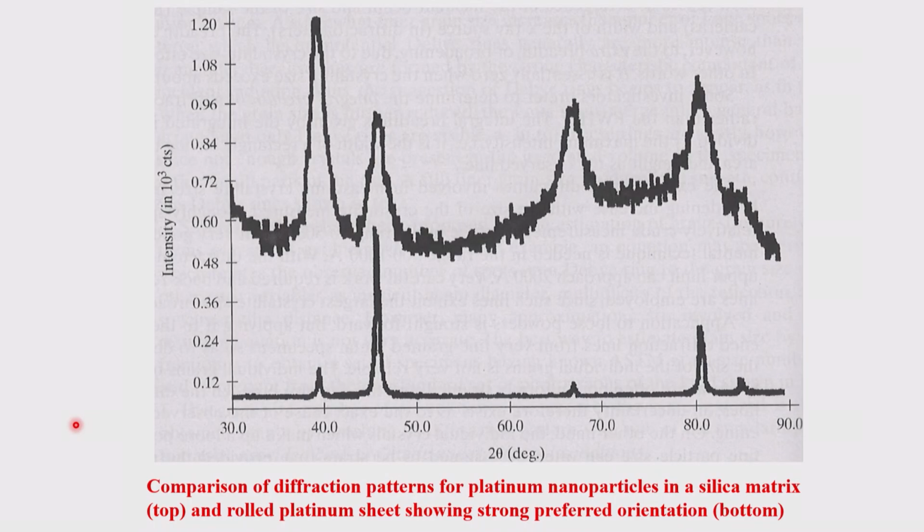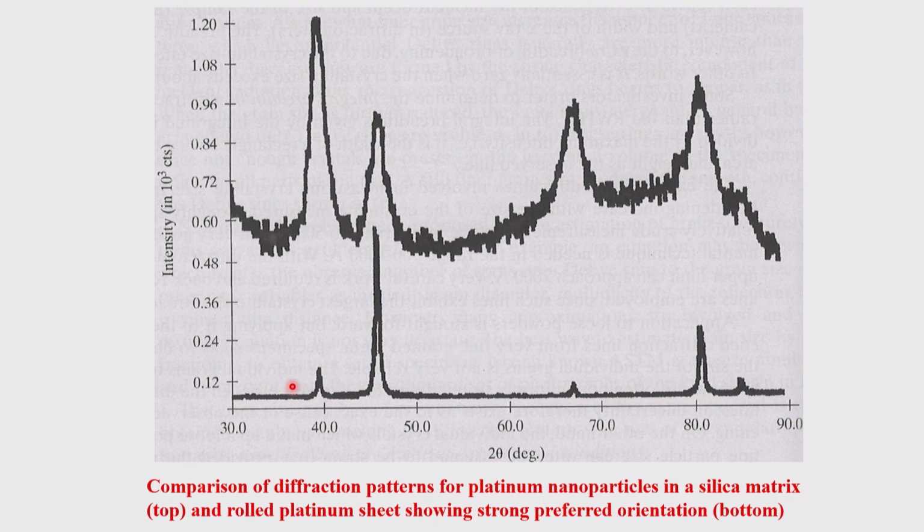Another example is this diffraction pattern of platinum nanoparticles mixed with silica. Your platinum powder is mixed with the silica matrix. If you look at the platinum alone, you have very nice sharp peaks. Now with the nanoparticle mixed with silica, silica does not show because it is completely amorphous. It is only platinum.